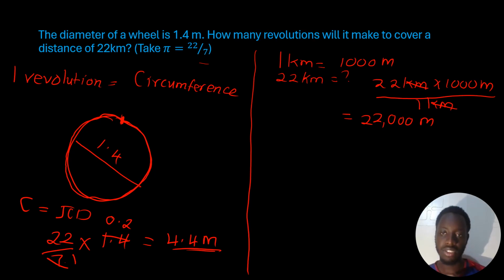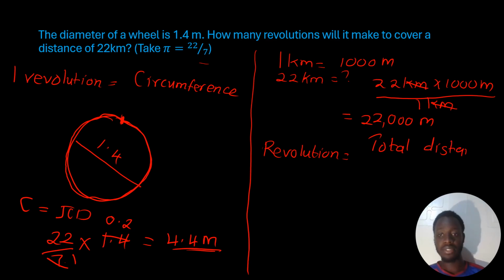So how many revolutions will it make to cover a distance of 22 kilometers? Revolutions is equal to total distance, which is 22,000 meters, over circumference, which is 4.4 meters.